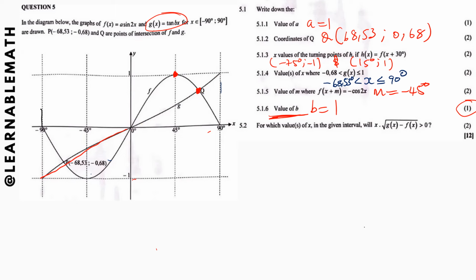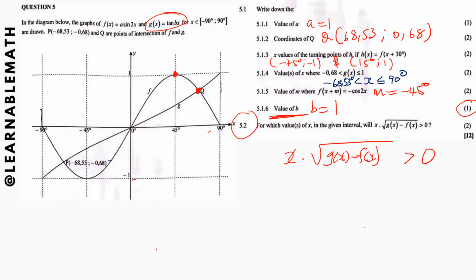So if you check the last question, it's saying 5.2, for which values of x in the given interval will x times the root of g of x minus f of x be greater than 0?